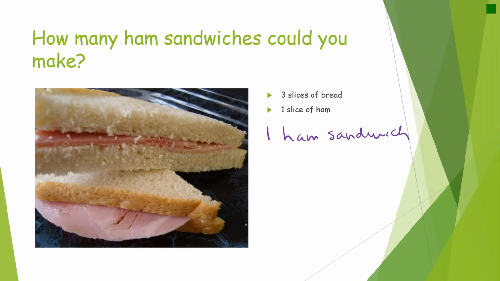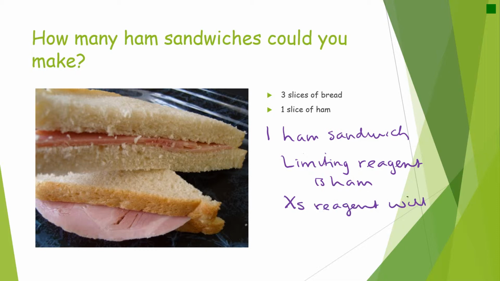So in this case, the limiting reagent is the ham because it prevents you from making more than one ham sandwich. The excess reagent will be the bread because you've got some left over.